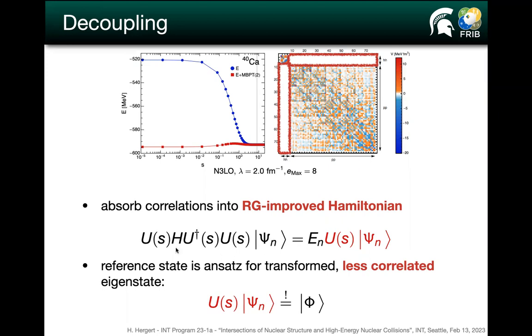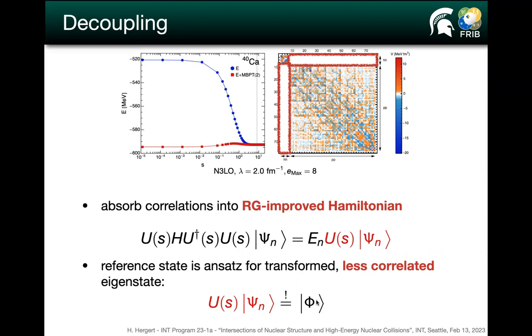But when we do this unitary transformation, what we get away with, which is hopefully less work, is to solve for this unitarily transformed eigenstate. And then we make particular ansätze for that unitarily transformed eigenstate. For instance, as in the example I showed here, we make the ansatz that this is just a simple Slater determinant.